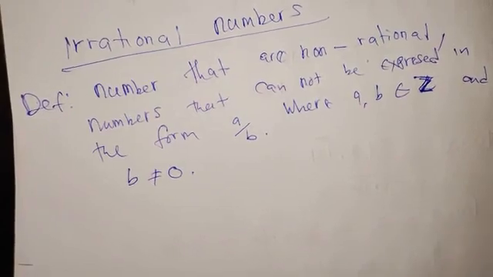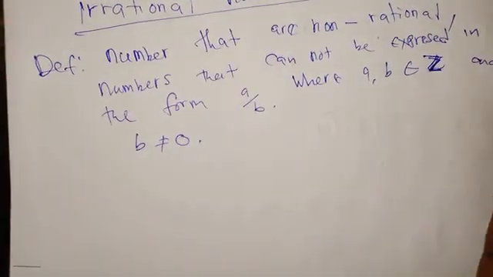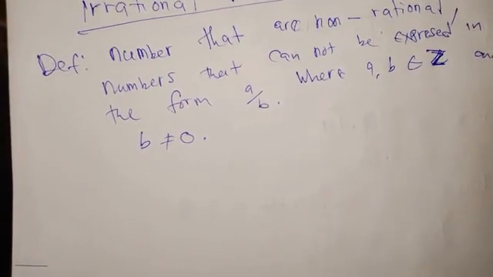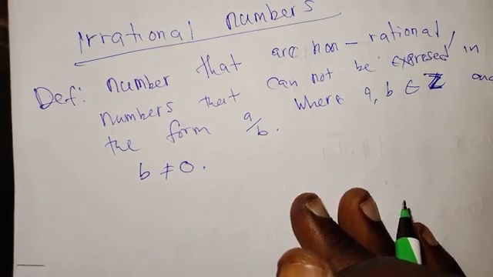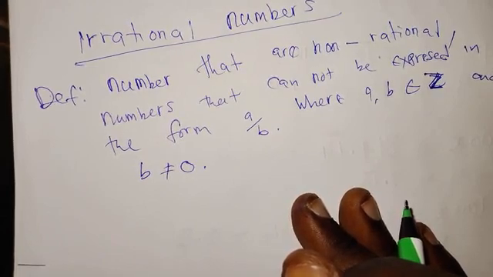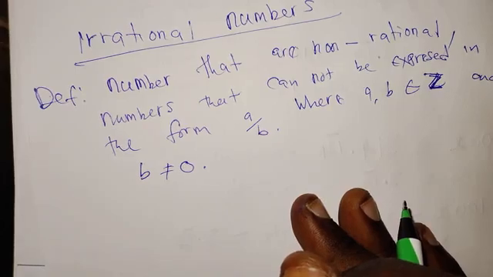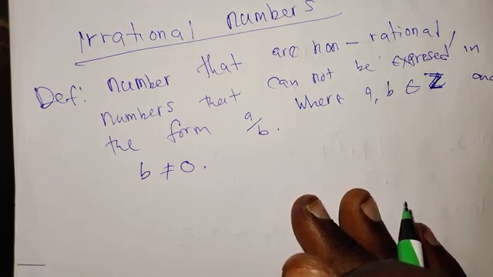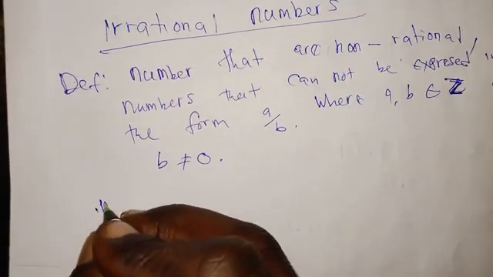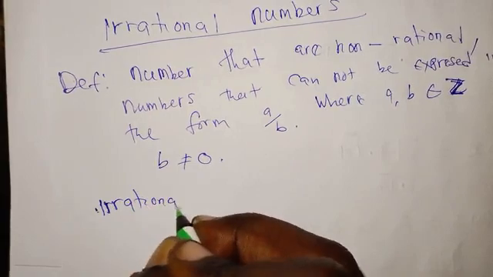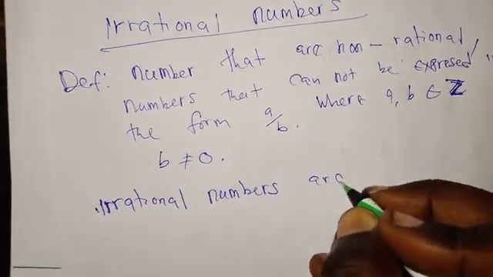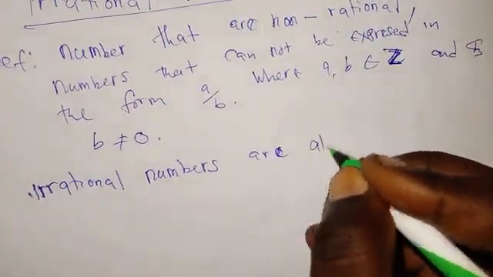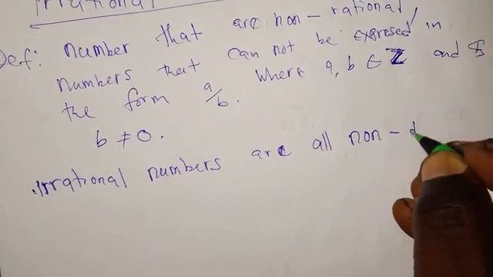We simply talked about characteristics of rational numbers. Those characteristics are the opposite for irrational numbers.